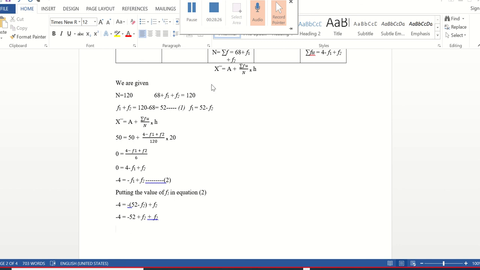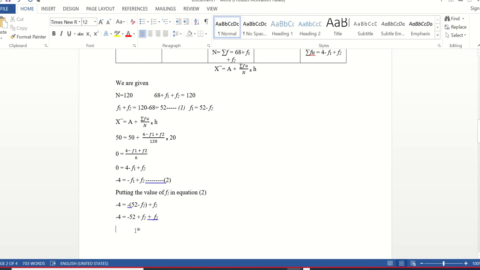So 48 equals 2f2. 48 divided by 2 is 24, so 24 equals f2. So the value of f2 is 24.